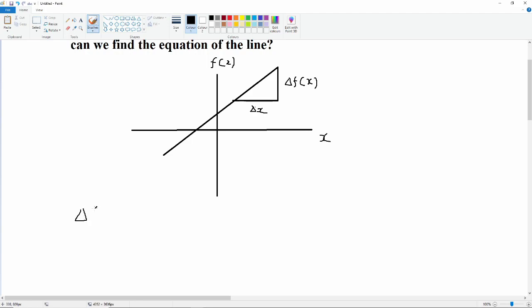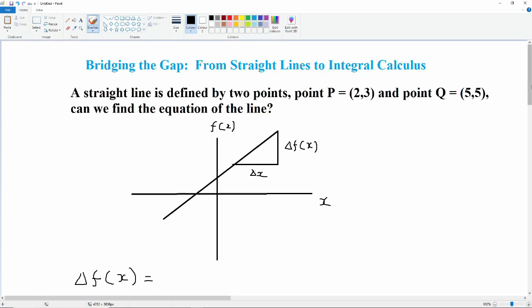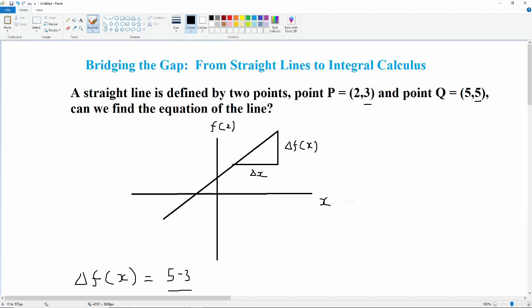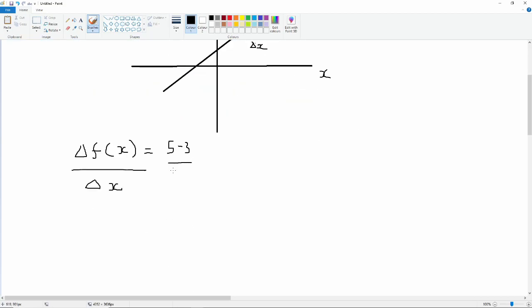So delta f of x, which is our change in f of x, is equal to, let's say it's gone from 3 to 5, so that's 5 minus 3, and we're dividing this by our change in x, and that's gone from 2 to 5, so it's 5 minus 2.